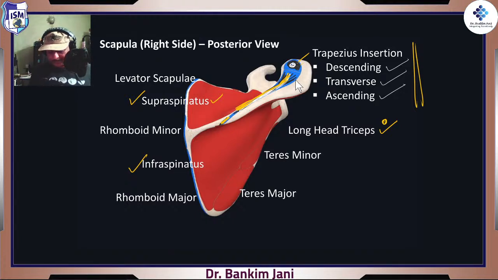Now comes teres major and teres minor. This is the lateral side. And in the lateral side, remember what were the muscles which were also collectively called the rotator cuff muscles.